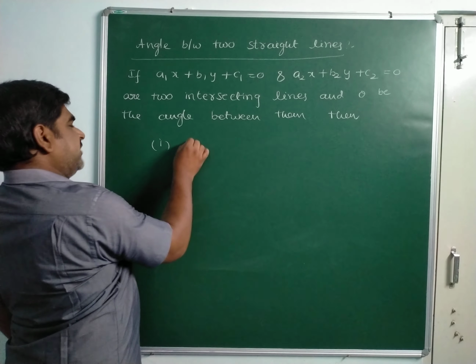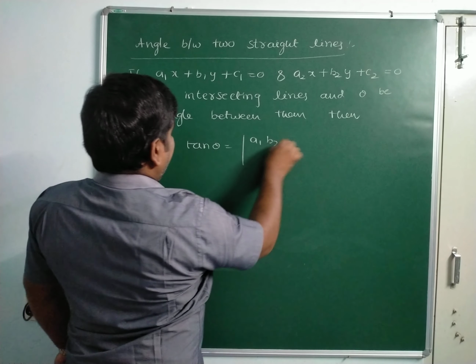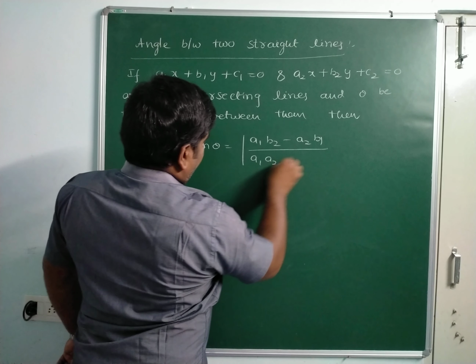The first one is tan theta equals modulus of (a1b2 minus a2b1) by (a1a2 plus b1b2).